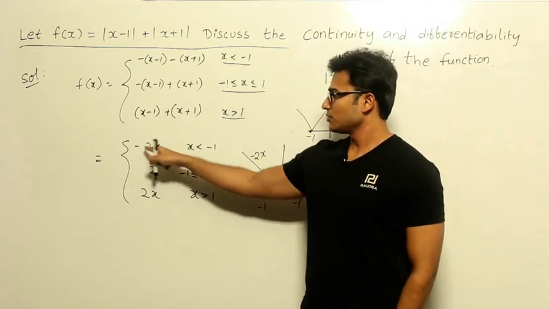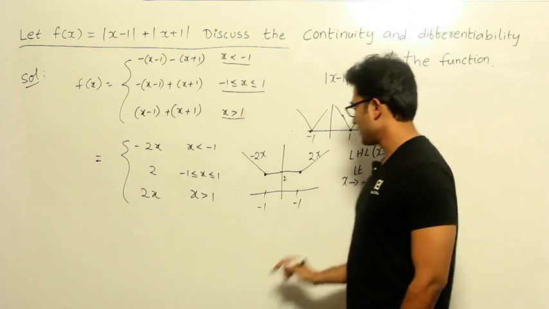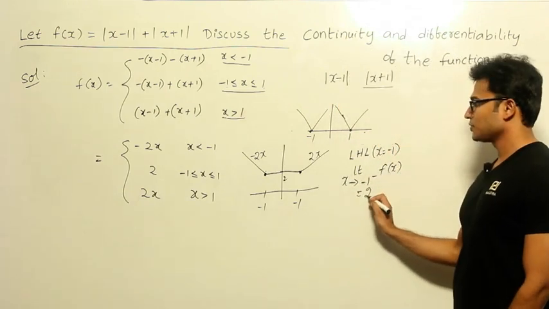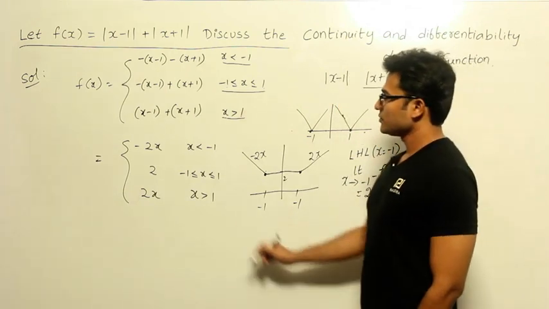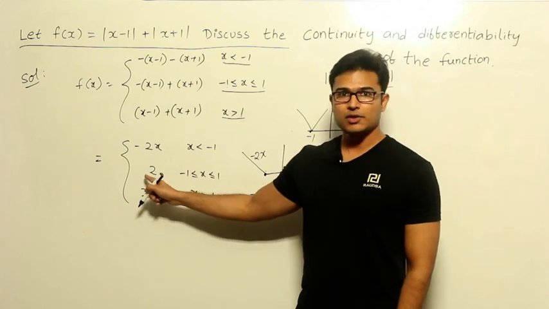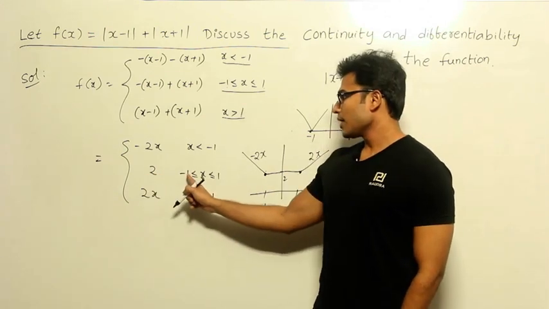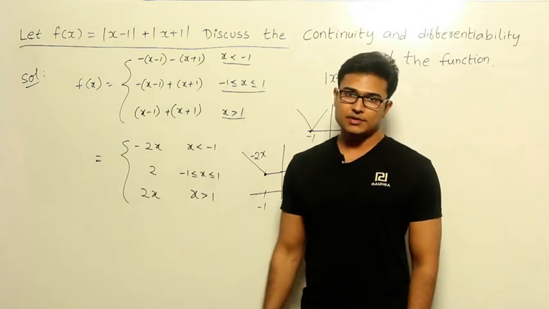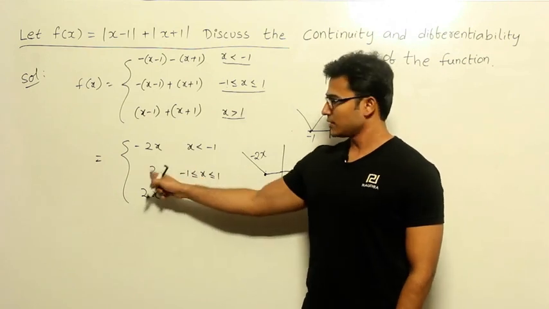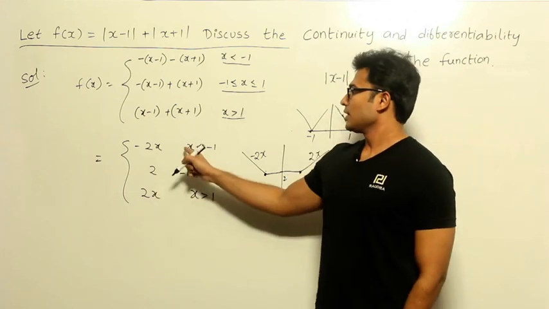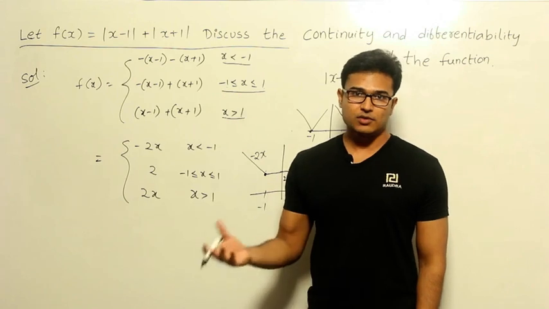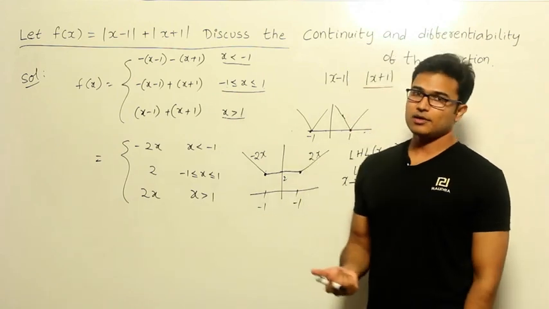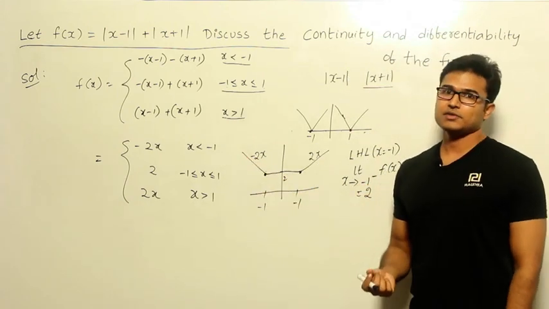In minus 2x, if you substitute minus 1, it is going to be plus 2. So this value is going to be plus 2. And what about its value at minus 1? It is going to be 2 only. Now what about the value to the right of minus 1? It is again plus 2. Therefore its left hand limit is equal to the value at that point is equal to the right hand limit. So we can say that it is continuous at minus 1.